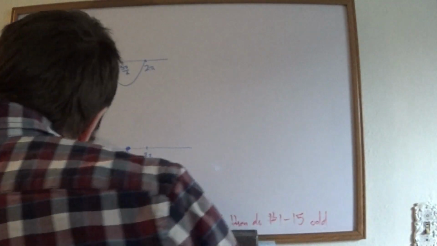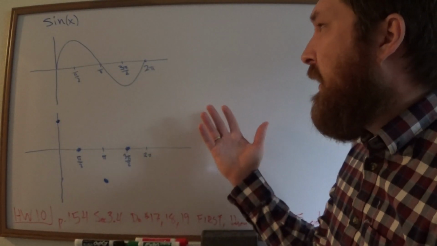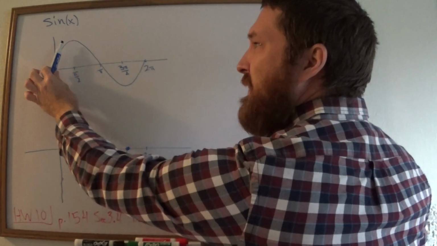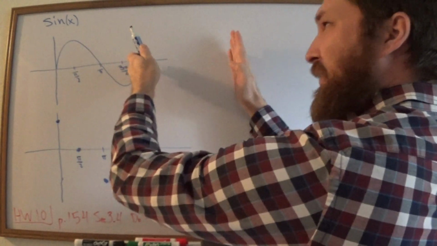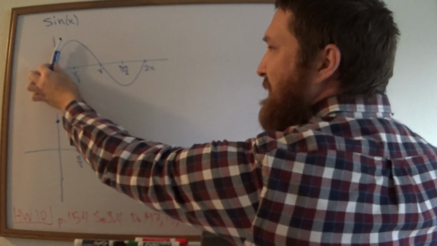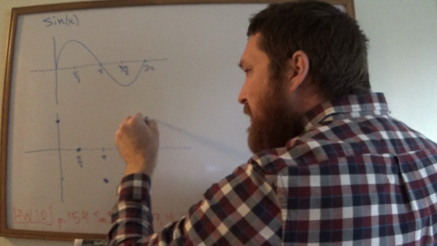So let me try to see what's going on here. It looks like that. Now another cool thing about this periodic function is that whatever the slope is here, it's got to be the same thing here, because this is just a repeat over and over again. So whatever that value was, maybe it was 10, maybe it was 2, maybe it's 1, it's got to be the same thing here.